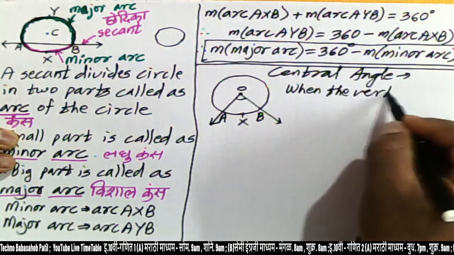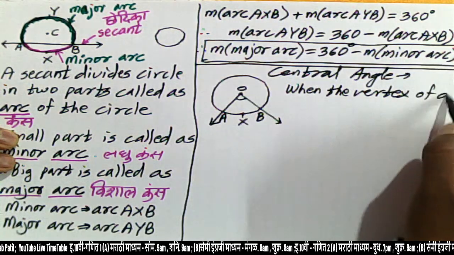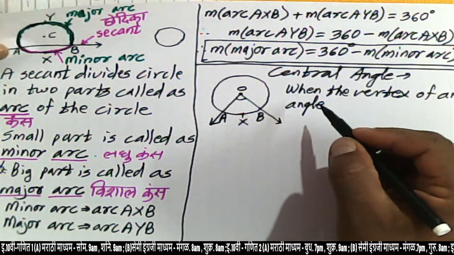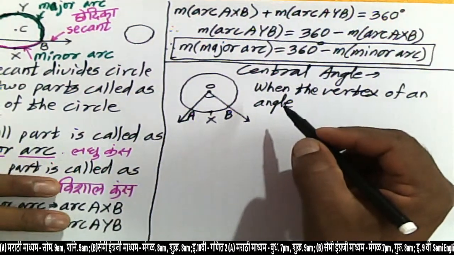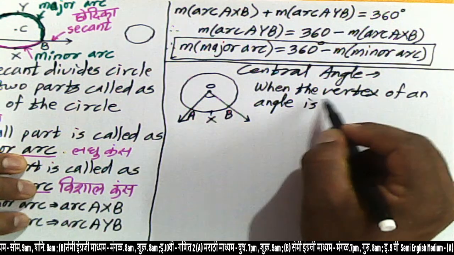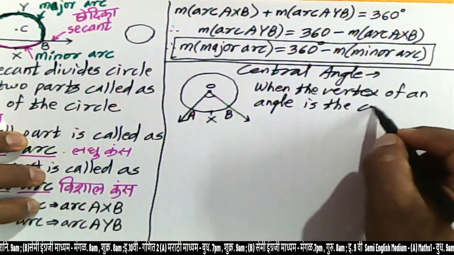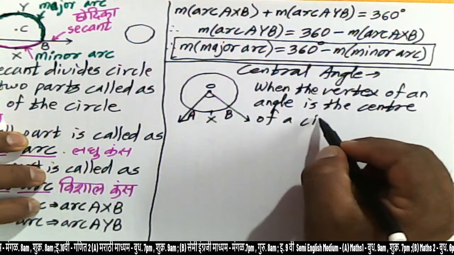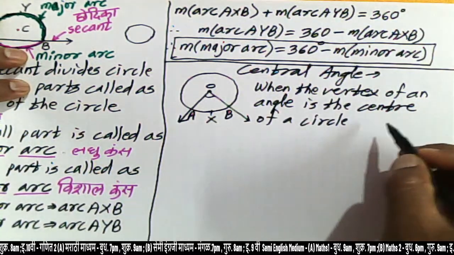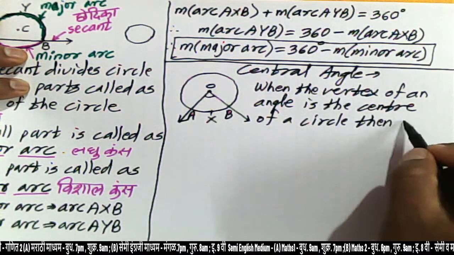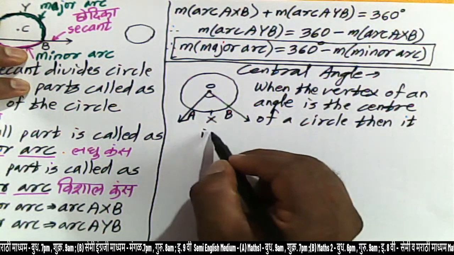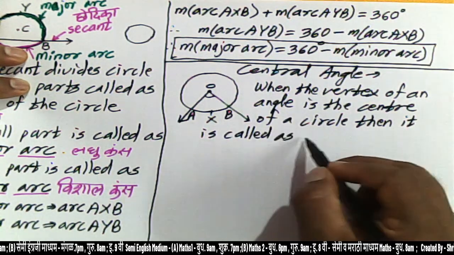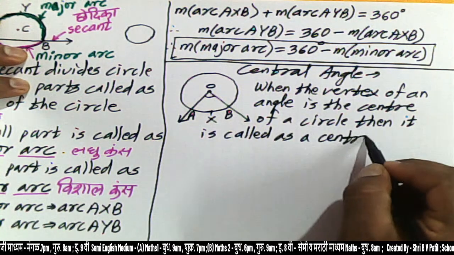When the vertex of an angle is the center of a circle, then it is called a central angle.